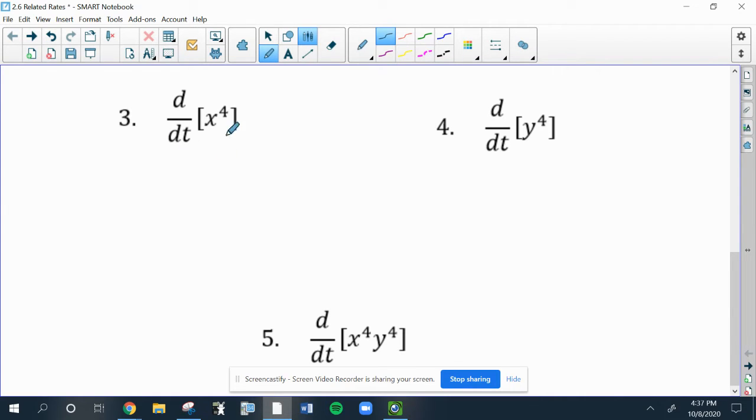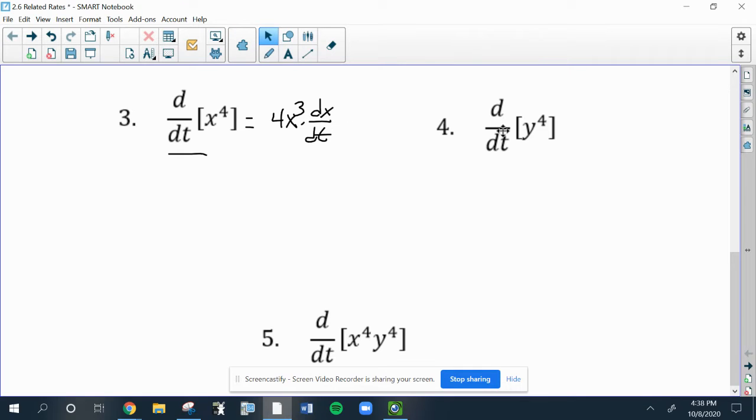So the derivative of x to the fourth with respect to t is no longer just 4x cubed, because that's what it is with respect to x. You now have to multiply by the derivative of x with respect to t. That is it. So basically on these problems, everything's implicit, because all these variables are going to be x's and y's and b's and whatever.